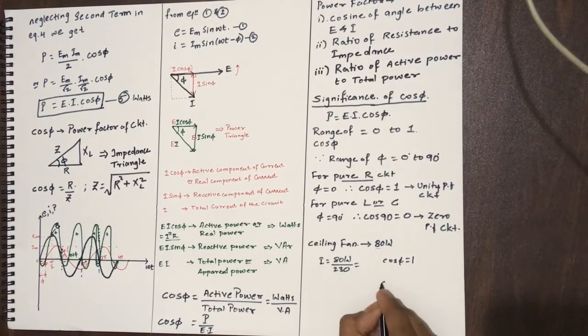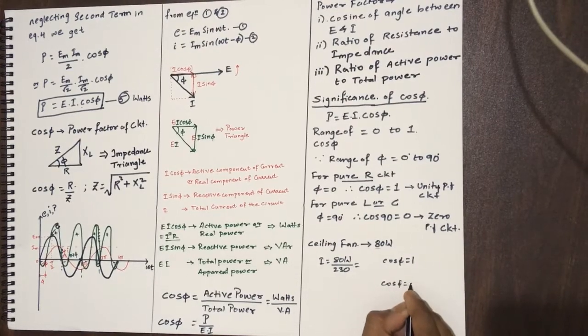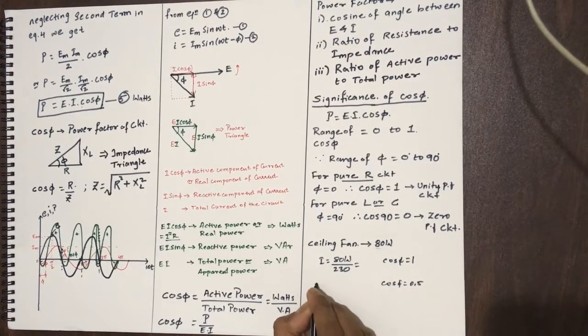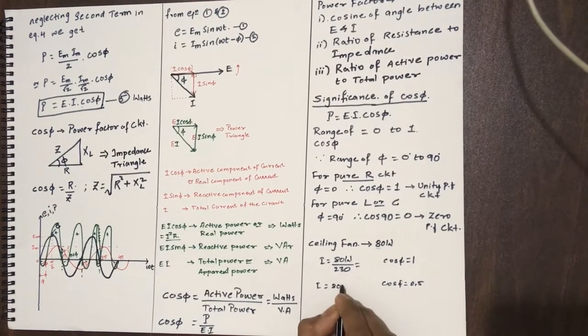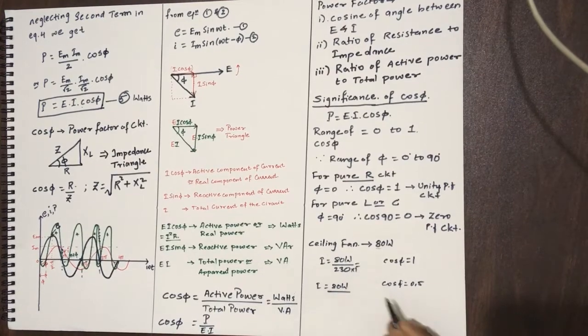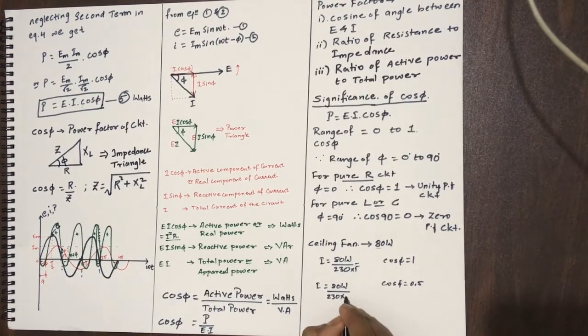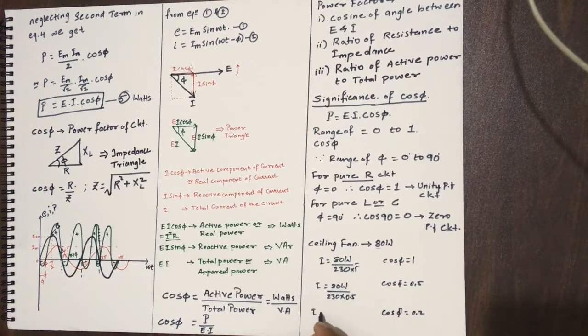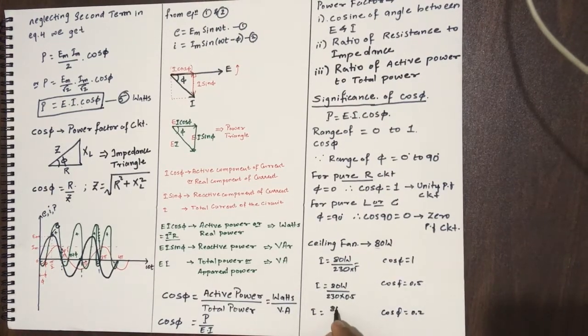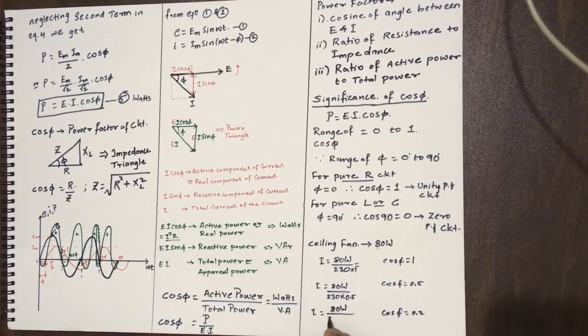If cos phi is equal to 0.5, the current drawn is 80 watts divided by 230 into 0.5. Now if cos phi is equal to 0.2, the current drawn is 80 watts divided by 230 into 0.2.